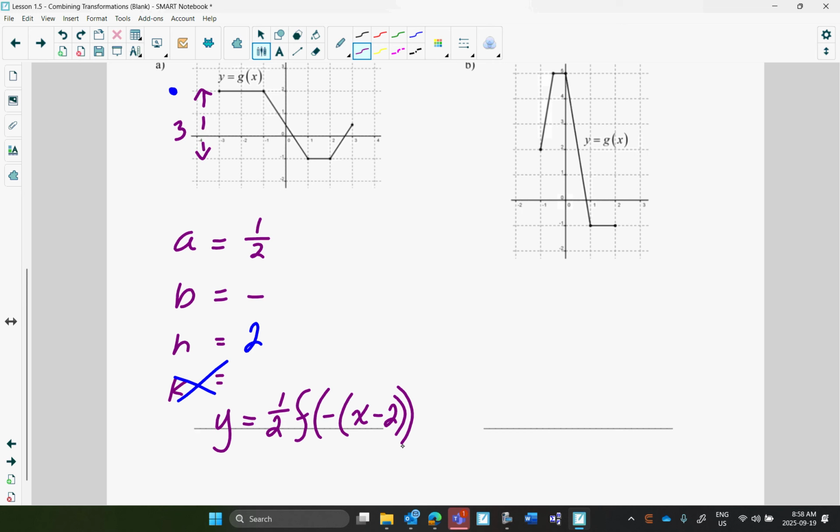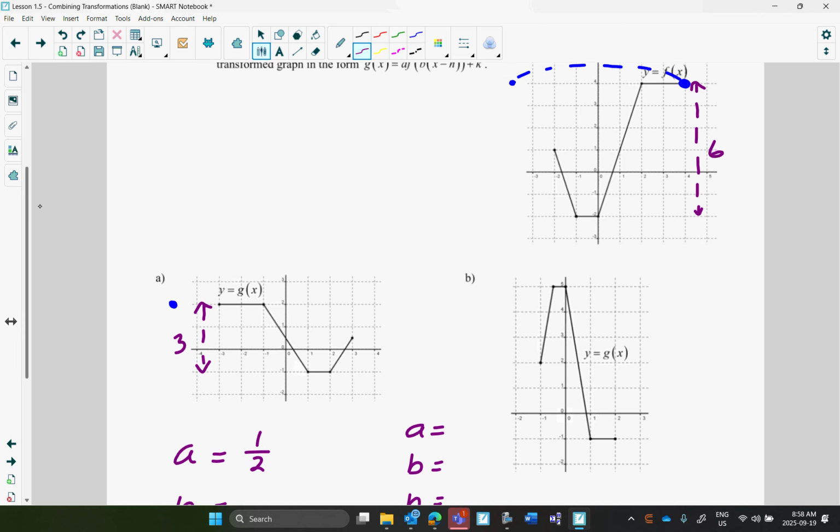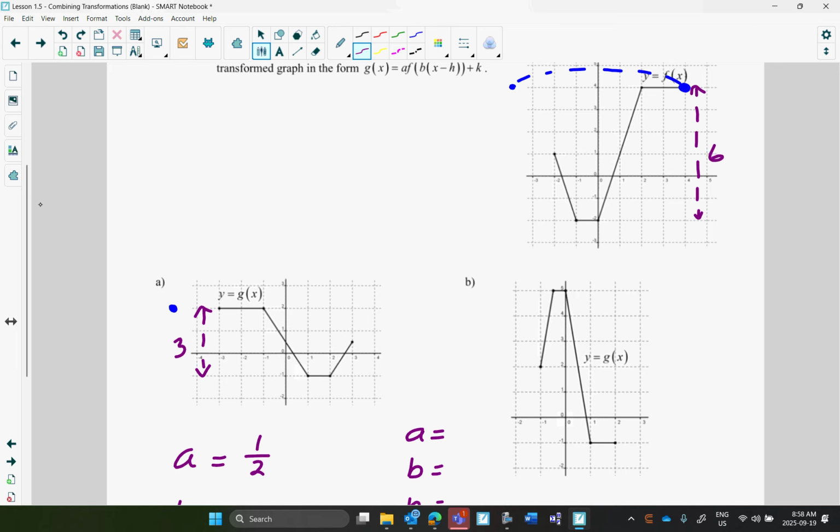Okay, let's try the last one. What do you see from here to here? Remember, we're thinking stretches and flips.